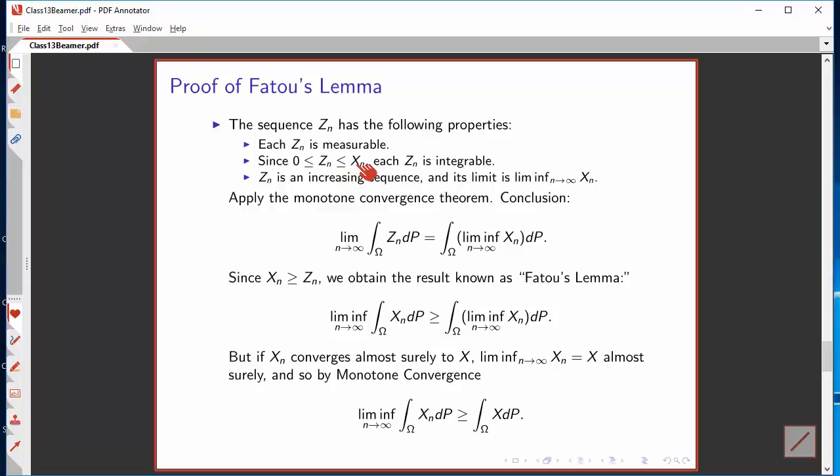Since these are necessarily less than or equal to the corresponding x's and positive, and the x sub n's are integrable, so is each z sub n. And finally, this z sub n, being a sequence of infima, is an increasing sequence, and what it converges to is the lim inf of the original random variables.